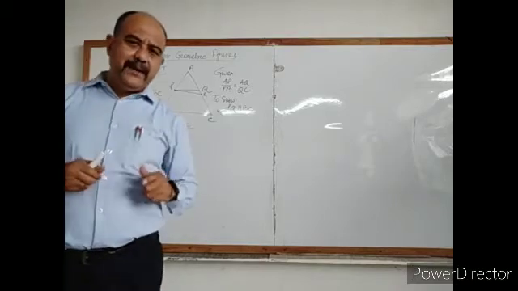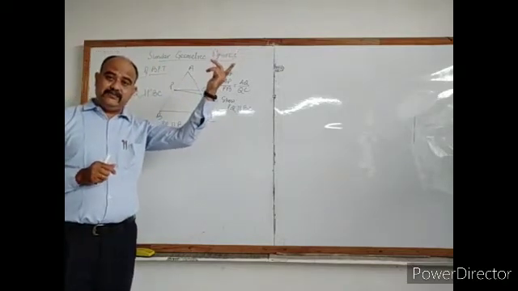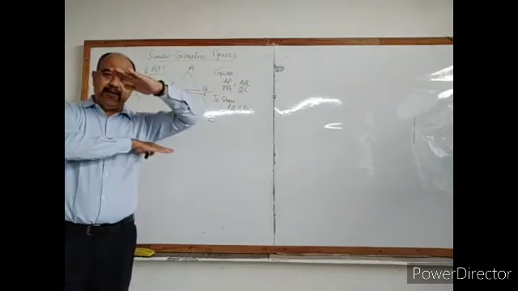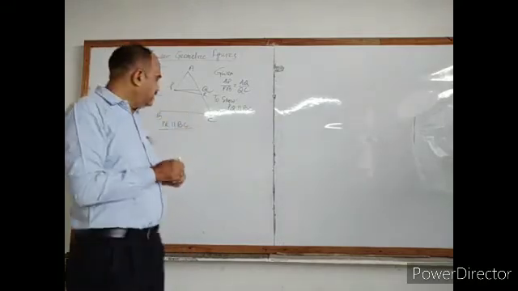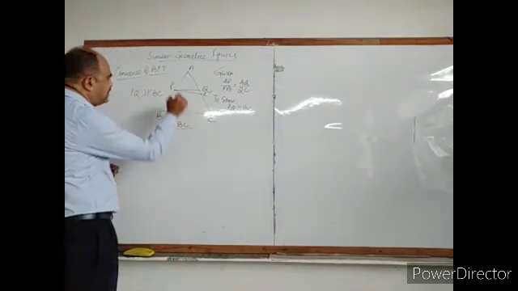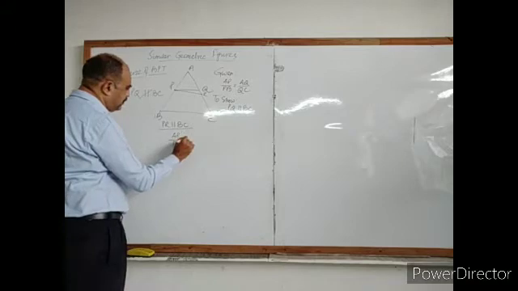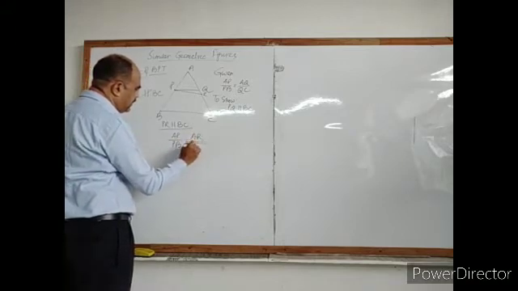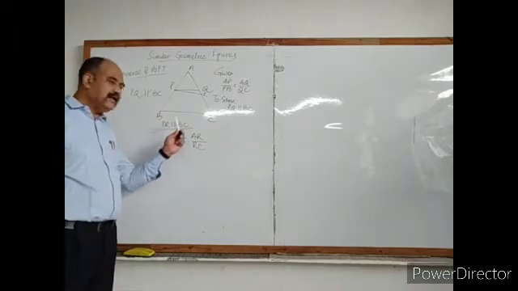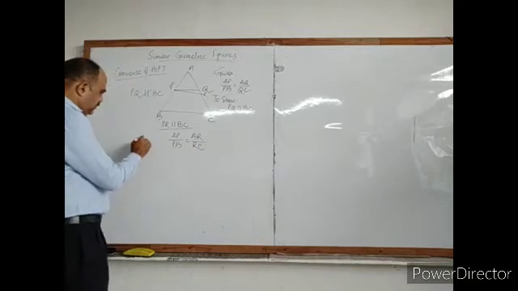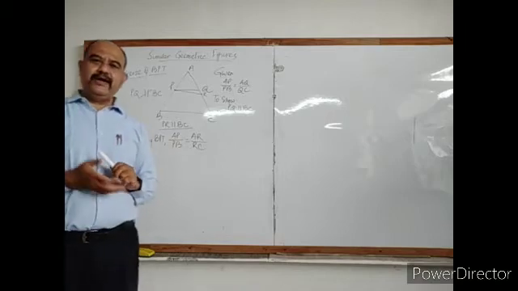Now, if PR is parallel to BC, what does BPT say? BPT says if a line is parallel to a side of a triangle, it divides the other two sides in the same proportion. That means for triangle ABC, if PR is parallel to BC, then AP by PB equals AR by RC.